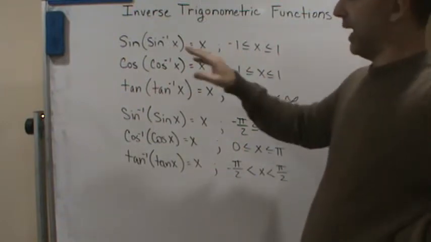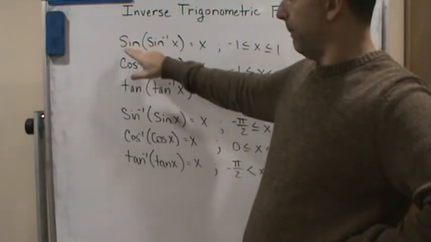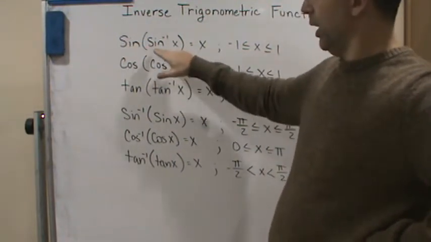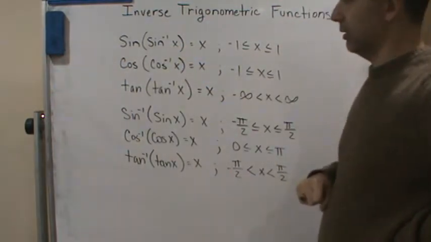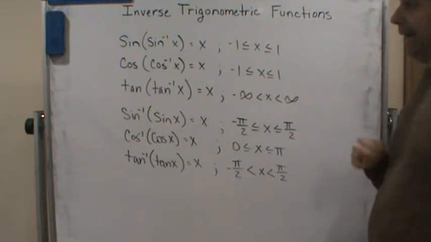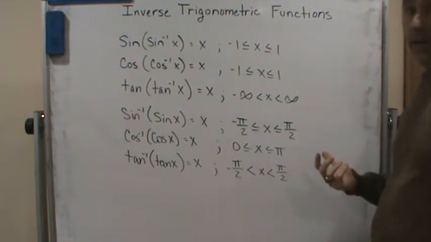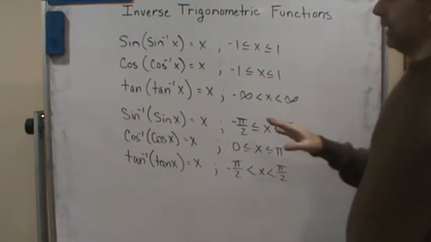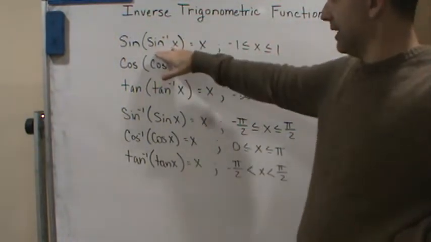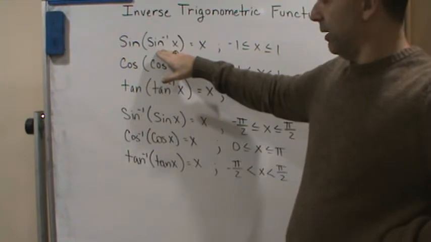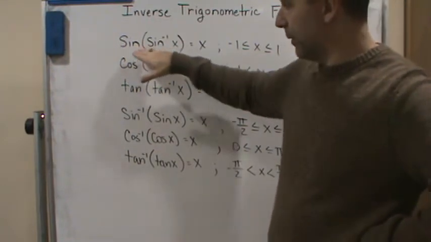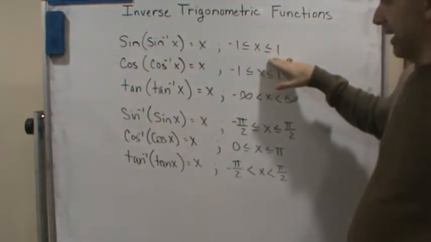The sine function has a domain of negative pi over 2 to pi over 2, but the inverse function of sine has a domain of negative 1 to 1. Okay, so since the domain of this function is smaller, inside the domain of this function, it's restricted by this.